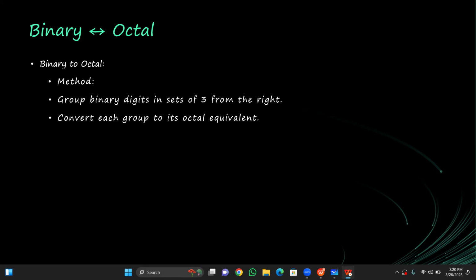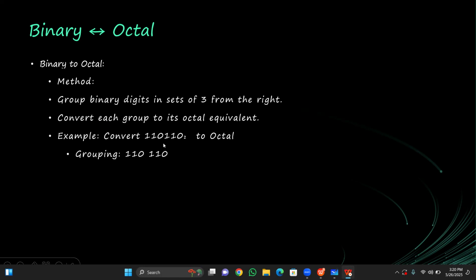So for example, we have 110110. We group them in 3, so we have 110 and 110. You convert each to its decimal value. The decimal value of 110 is actually 6.